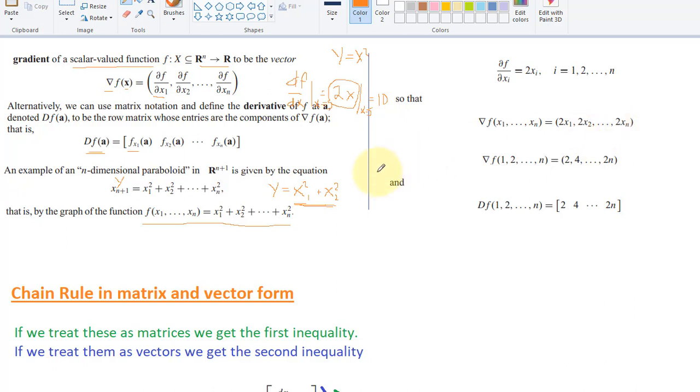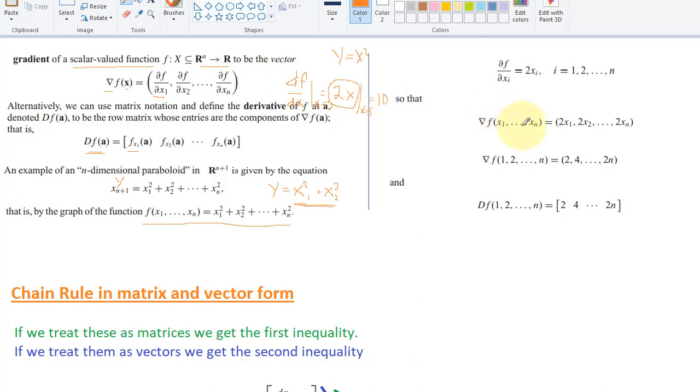Now, if we want to evaluate this at a particular point, that means x1 is a particular value, x2 is a particular value, and so on. So it's a particular point in n space. Then we have to put in those values to find the derivative. Just like when I wanted to know the derivative when x equals 5, I first calculate the derivative, and then I put in x equals 5, and I get 10.